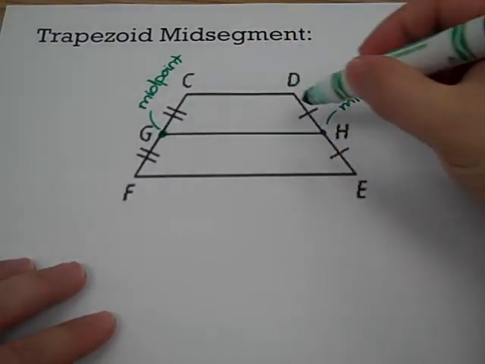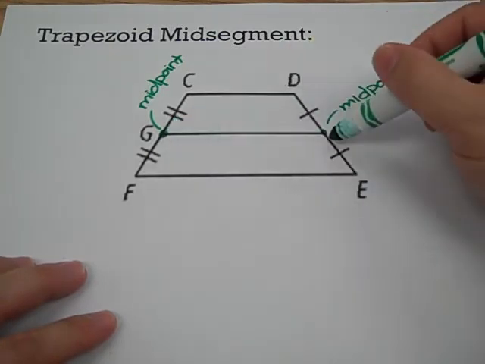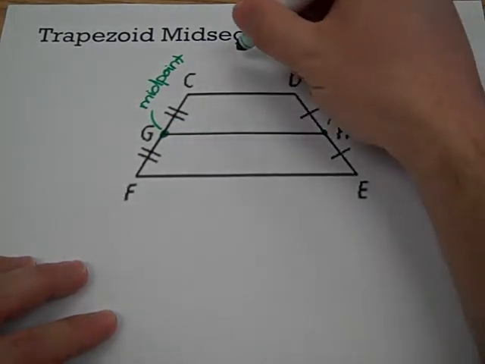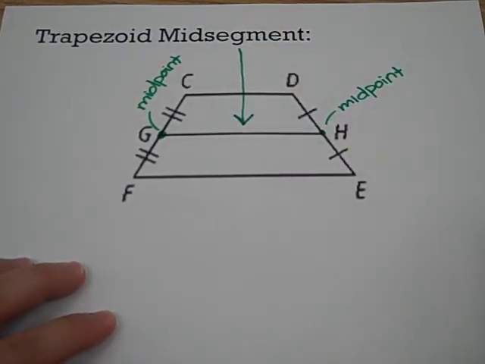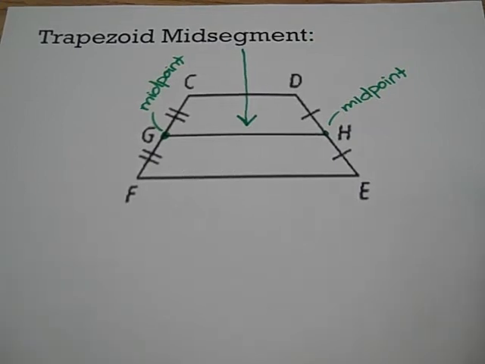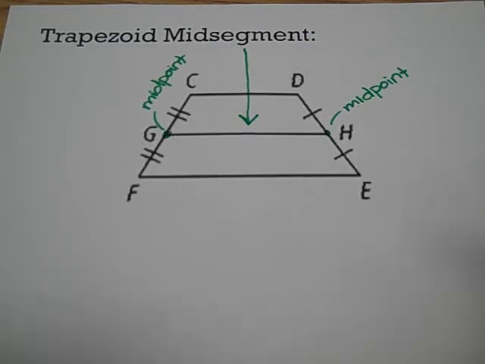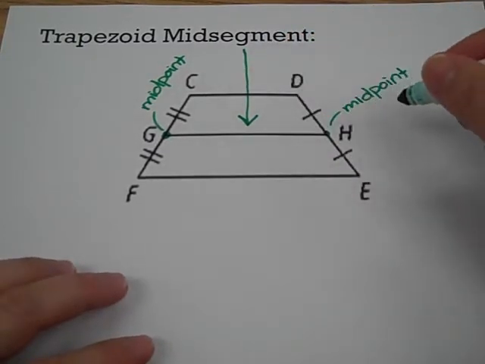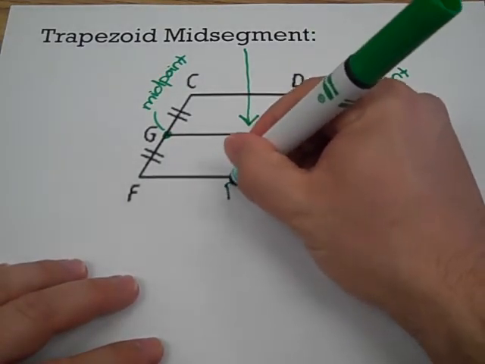So if I have a segment like GH that starts at one midpoint of a leg and goes to the other midpoint of the leg, it's called a midsegment. And we can get the length of the midsegment by basically taking the average of the two bases. So if I do base 1, we'll call FE, or I'm just going to call it base 1.